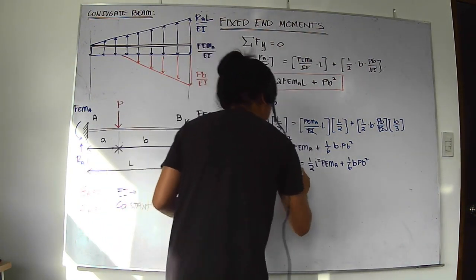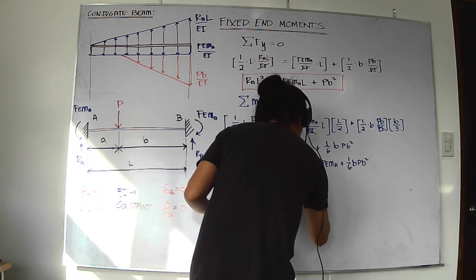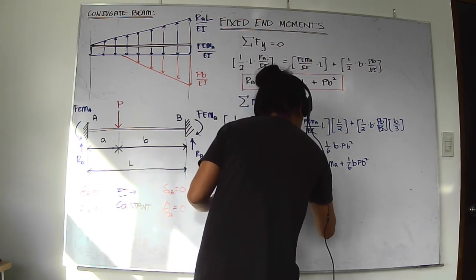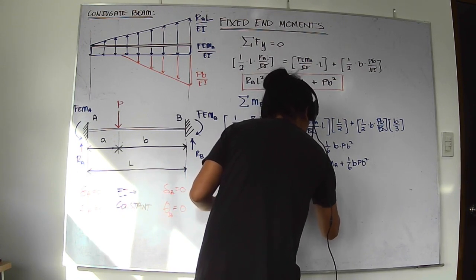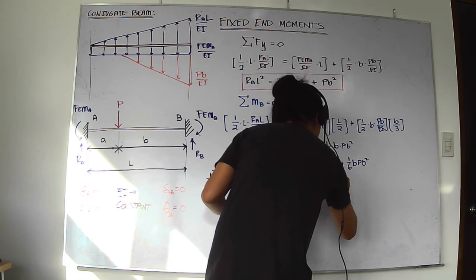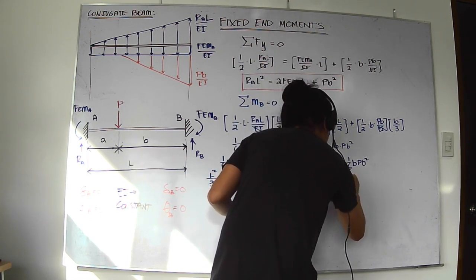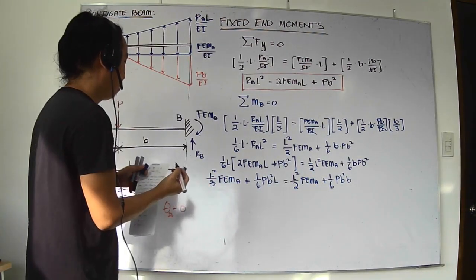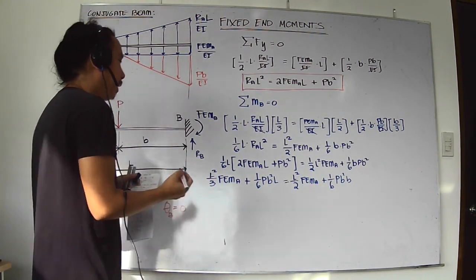This is 1/2, L squared FEMA, plus 1/6 PB squared B. I clustered them so that it's easier to combine.